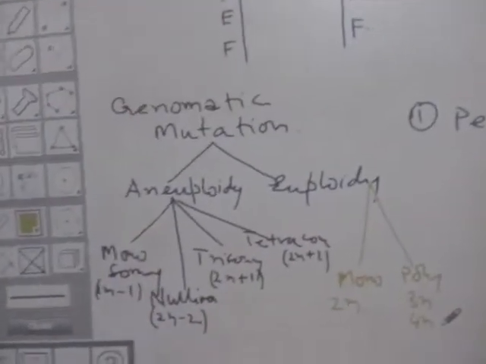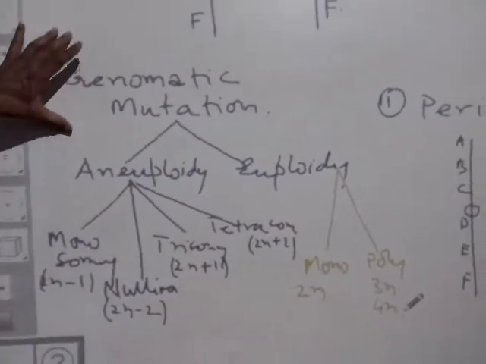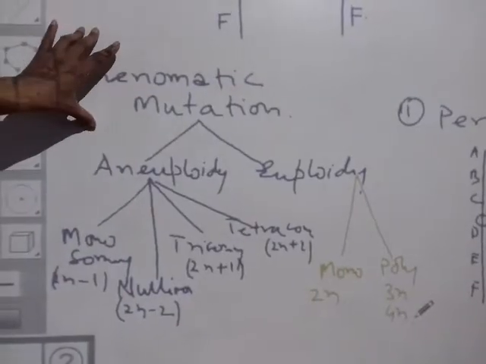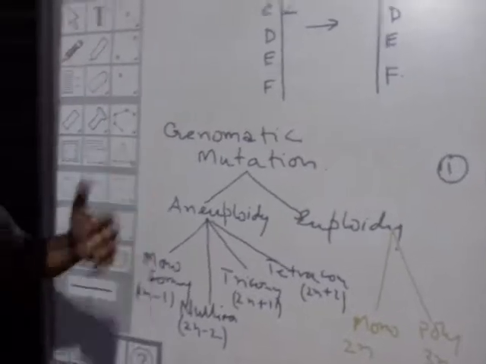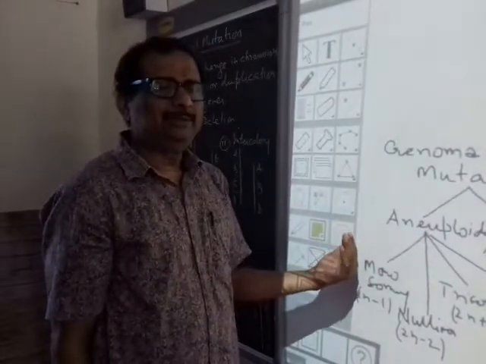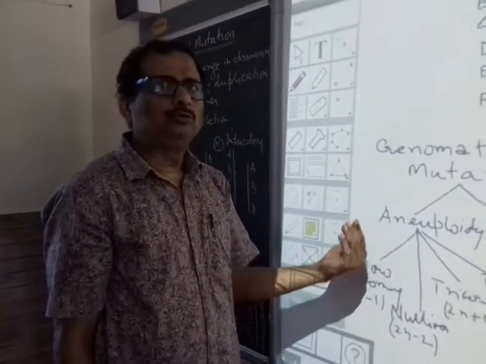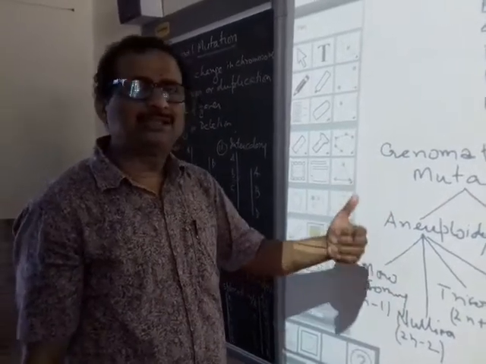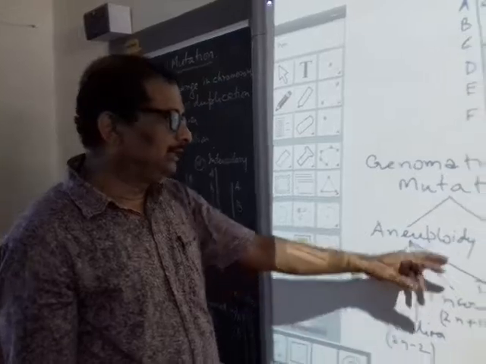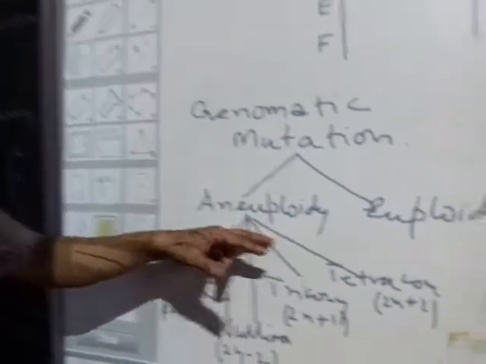Then the last of the chromosomal mutations is called a genomic mutation, where the set of chromosomes is not the same in number. Sometimes it may become one more, two more, one less or two less than the original set of chromosomes. Then we call it aneuploidy.